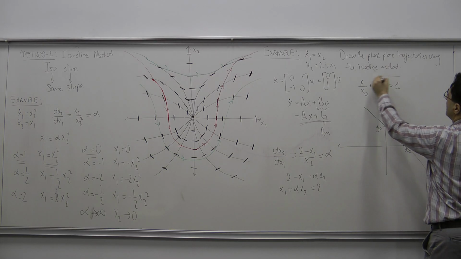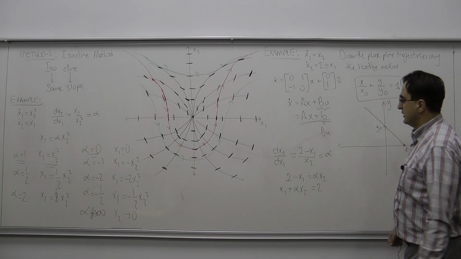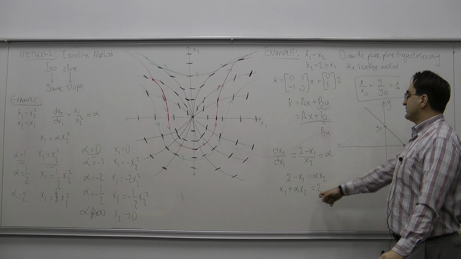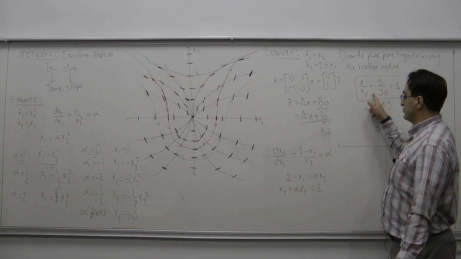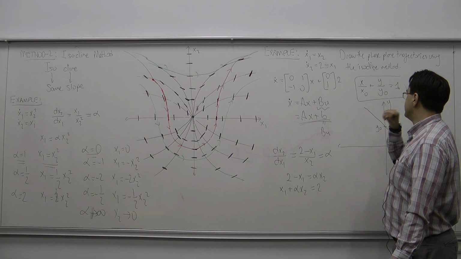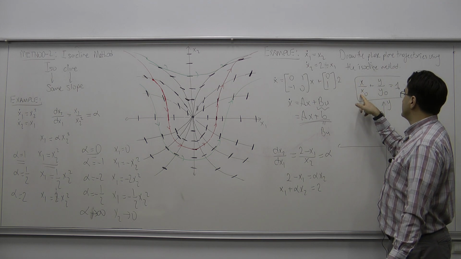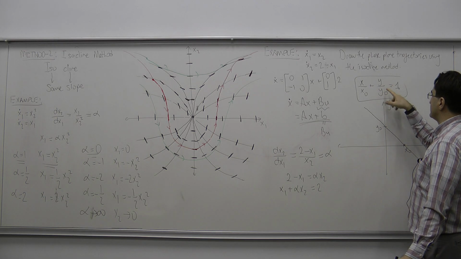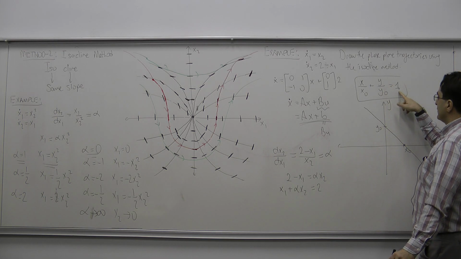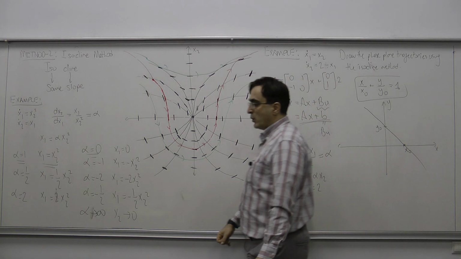So this is the parameterization of the line that we can use here. It would be nice if I can put this equation into this form. The intersection with the x-axis would be at x0, the intersection with the y-axis would be at y0, and the right-hand side should always be equal to 1.